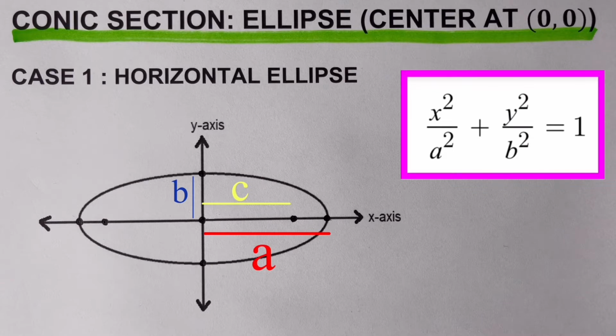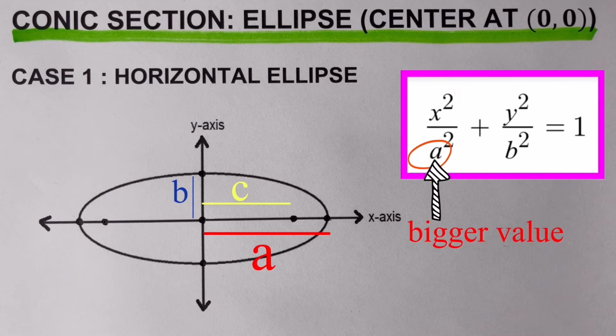Notice that a is the longer value, because it is half of the major axis, the longer diameter. Notice that a is the denominator of x squared. This means that if the denominator of x squared is bigger than the denominator of y squared, we have a horizontal ellipse.